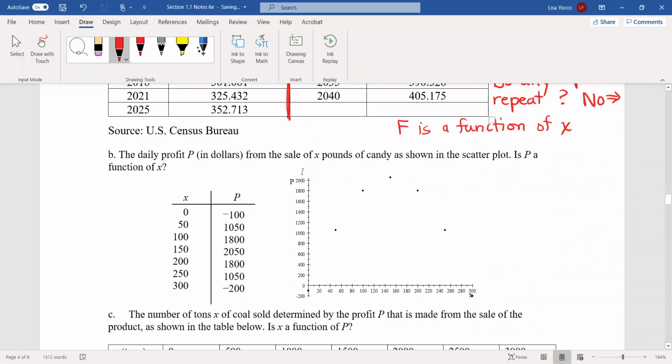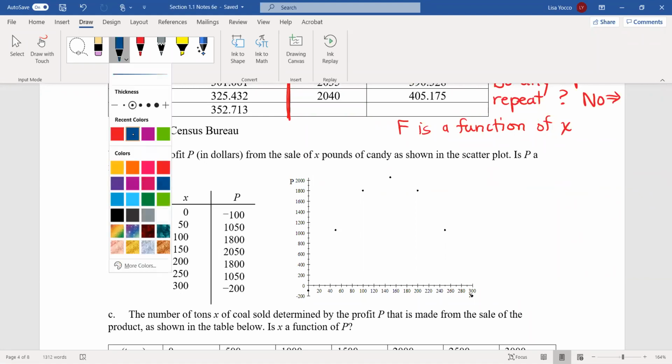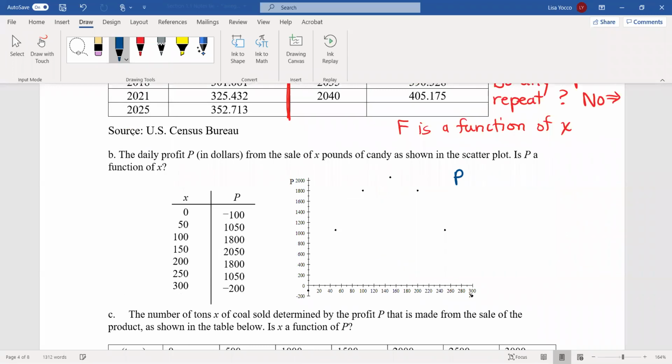All right, for the next one, there's a scatter plot, and to the left of the scatter plot is the set of ordered pairs that goes along with that. We're asking the question, is P a function of X?